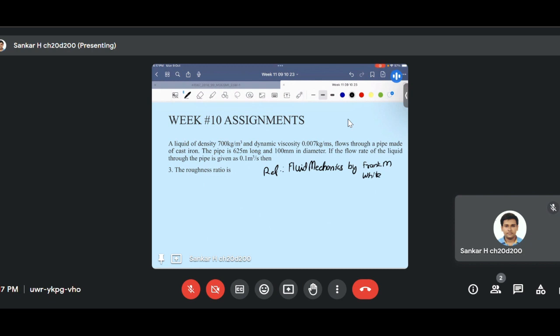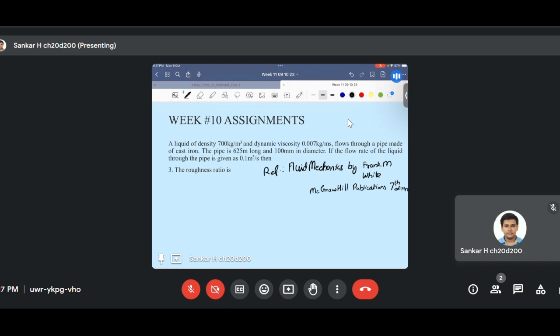And this is McGraw-Hill Publications. And the 7th edition is what I have.